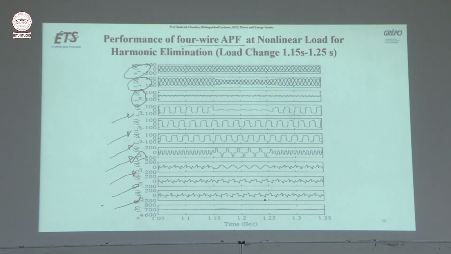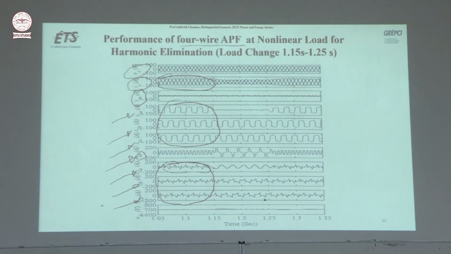Here you can see the load for phases A, B, C, and these are the shunt active filter currents. They are working in such a fashion that your source current is perfectly sinusoidal and of constant amplitude.